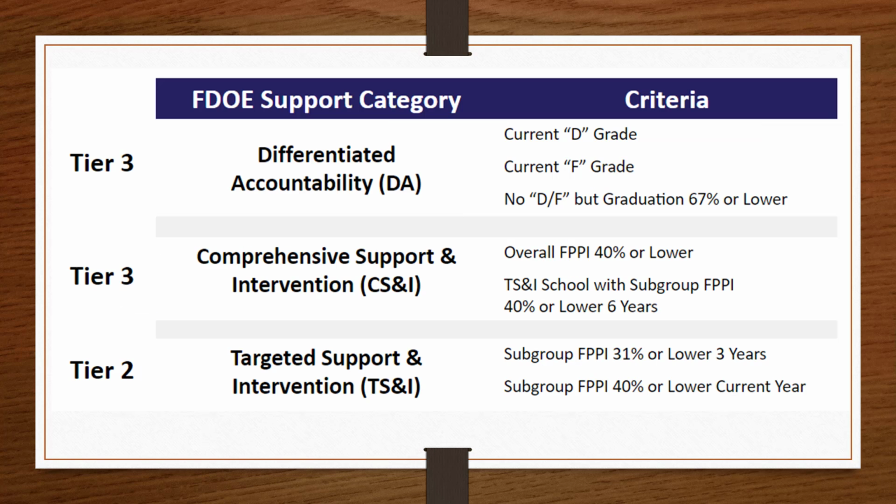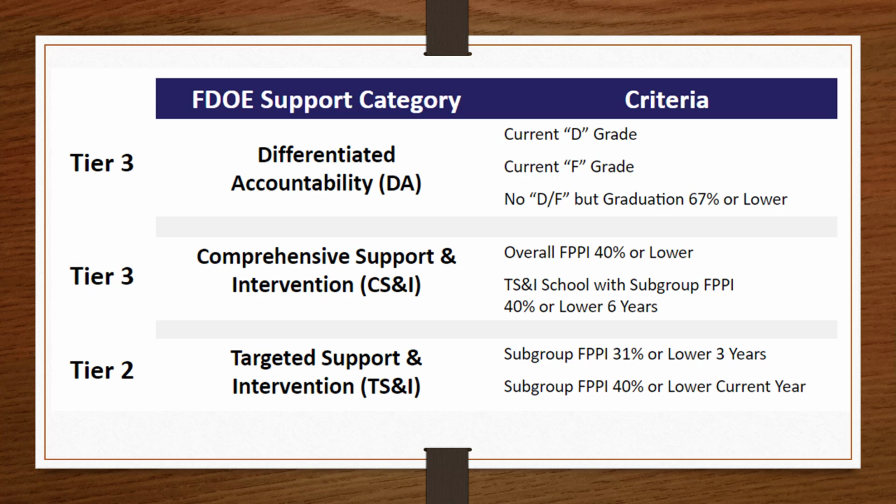Starting FY19 and moving forward, schools will be identified annually for TSI if the school has a consistently underperforming subgroup defined as performing at or below 31% on the Federal Percent Points Index for 3 consecutive years, or if the school has a subgroup performing at or below 40% on the Federal Percent Points Index during the current year.